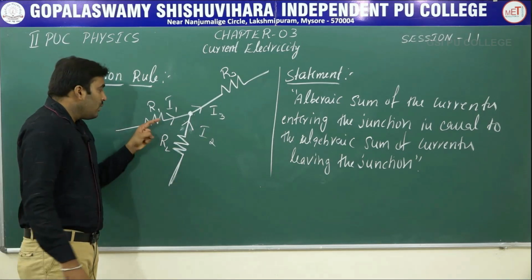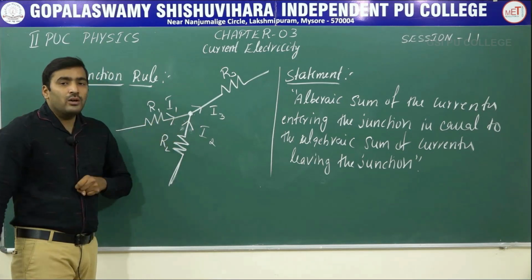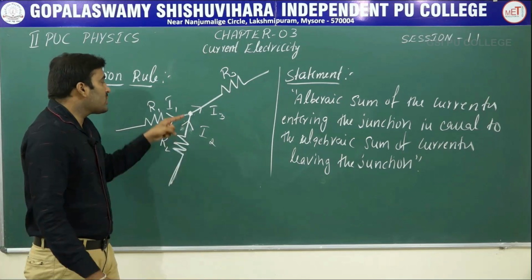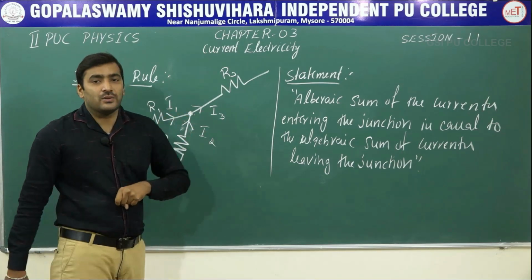Since the currents flowing are uniform, no charge will be accumulated at the junction.